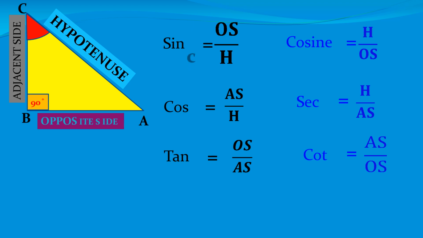Now I am going to take angle C. So sin C is opposite side by hypotenuse. In the same way, cos C is adjacent side by hypotenuse, tan C is opposite side by adjacent side, cosec C is hypotenuse by opposite side, sec C is hypotenuse by adjacent side, cot C is adjacent side by opposite side.